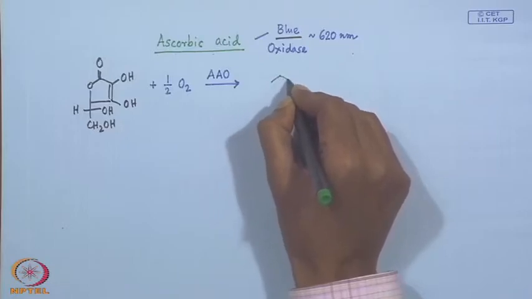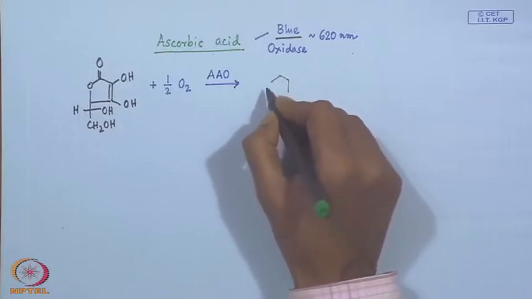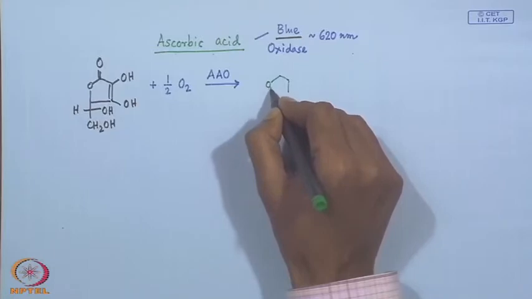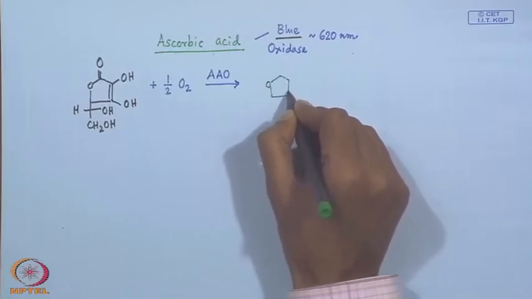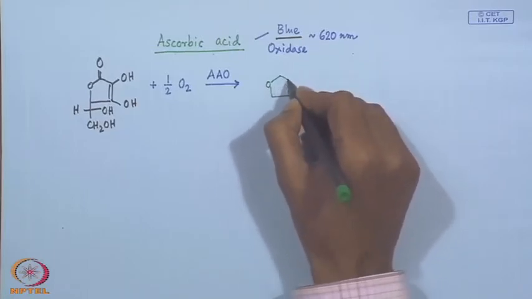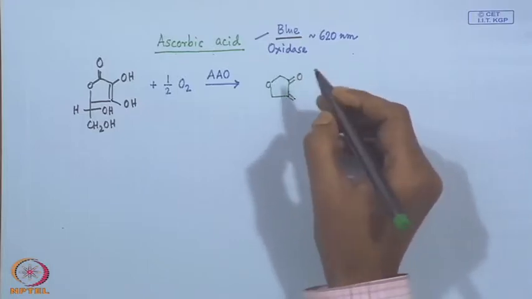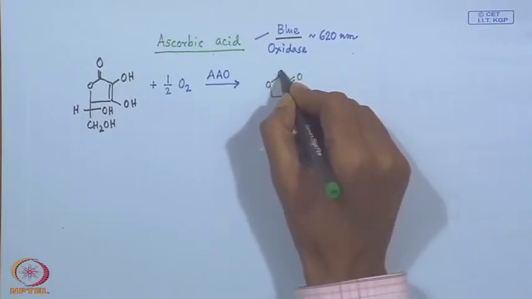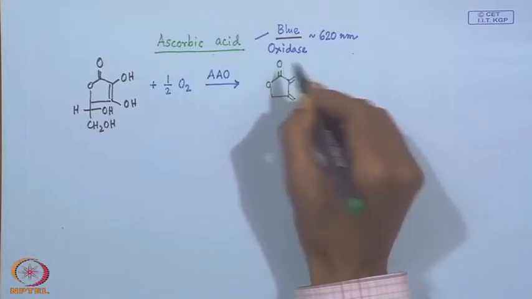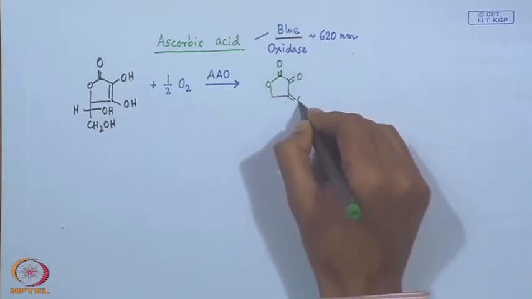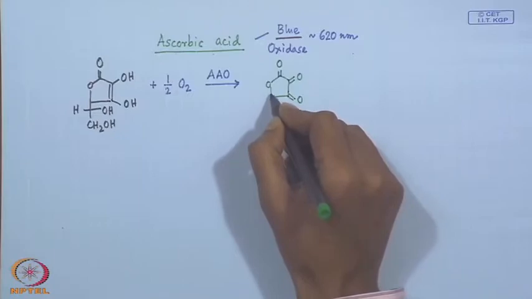It is getting oxidized simply like your catechol to quinone conversion. Catechol to quinone conversion is taking place here again. If you know the tyrosinase activity or catechol oxidase activity nicely, you should be able to tell what the product for this reaction should be.